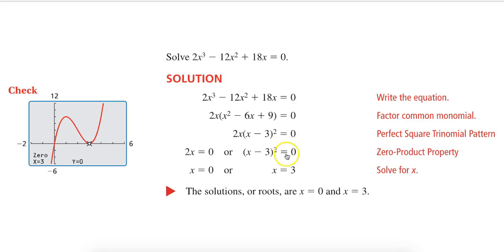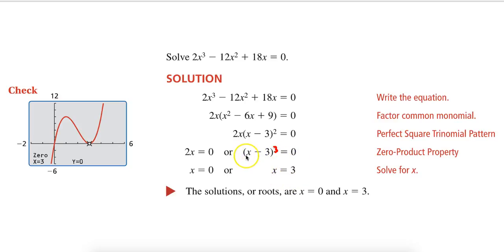Now, if we had x minus 3 to an odd power, for example, if this was x minus 3 to the third power, which is an odd power, our graph would come down and actually cross the axis at our solution or our root.